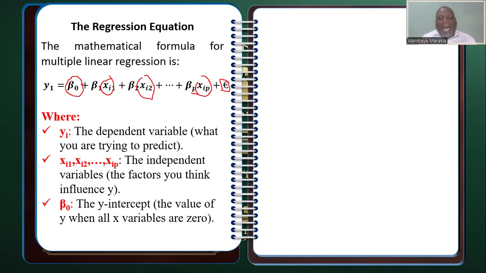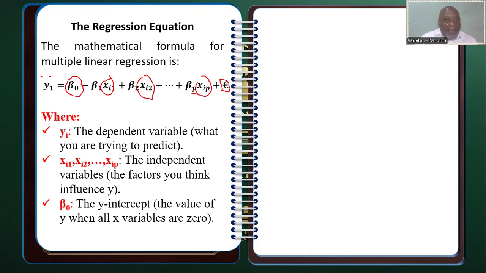You might have several variables, say 3 or 4, and when you put them into this equation, you'll be able to see which independent variable predicts the outcome variable.